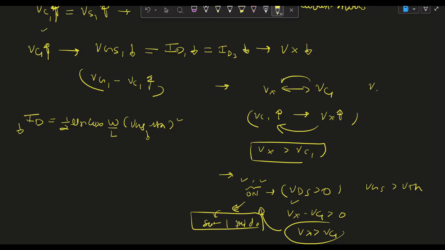Magnitude wise and graph wise, these two look almost the same, but there is some potential drop between these two.